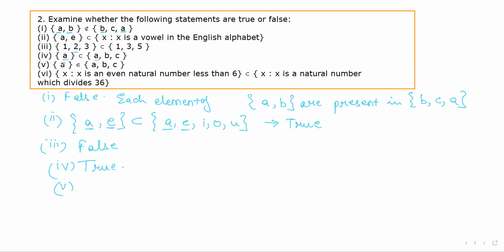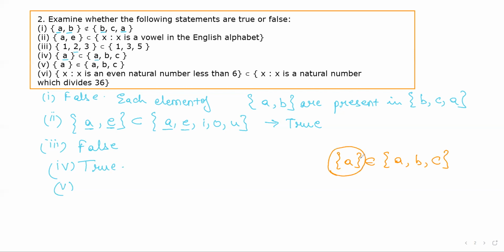Fifth, the set {A} belongs to the set {A, B, C}. Now we know that with the symbol belongs to, we should have an element on the left hand side and a set name on the right hand side. If you write belongs to {A, B, C}, the left hand side should be considered as an element.